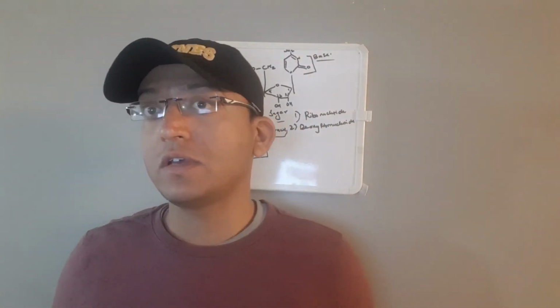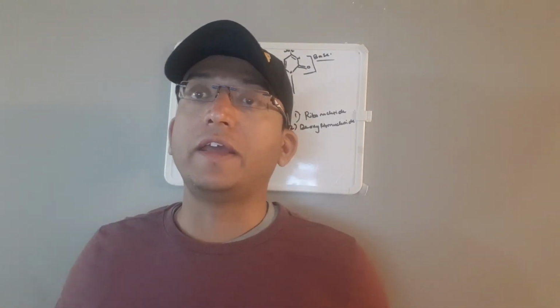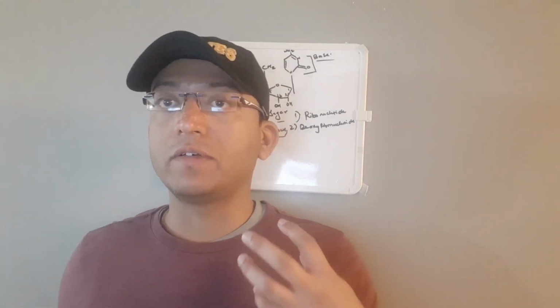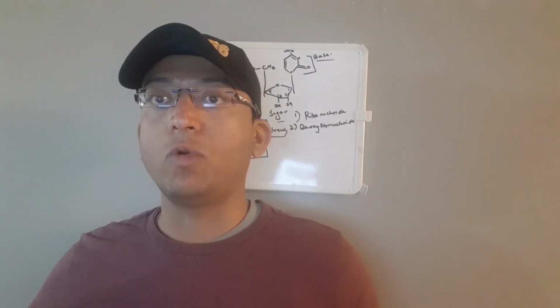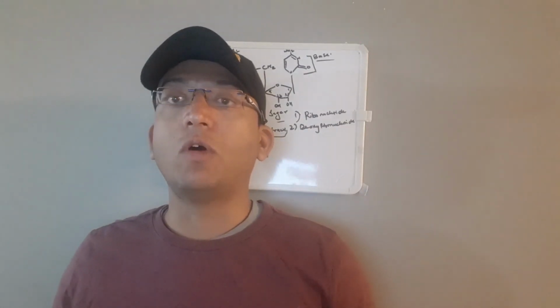So DNA stores the information, but the RNA is like an instructor. It takes the instruction and sends it to the other parts for how the molecules should be arranged and everything like that.